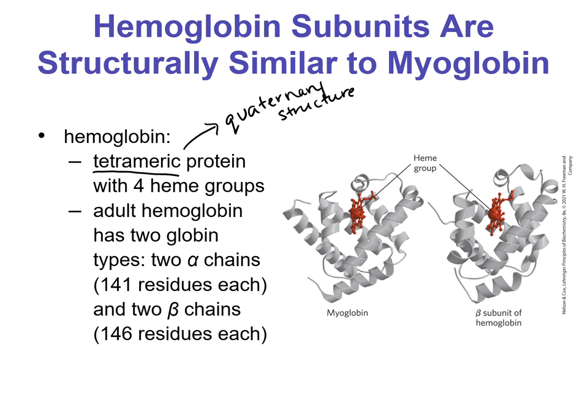And along with each of those monomers, they each bind their own heme group. So hemoglobin has 4 heme groups, which means 4 possible places for oxygen to bind. Adult hemoglobin, which there is a fetal hemoglobin that we're not going to talk about, has 2 globin types. There's 2 A chains and 2 B chains.